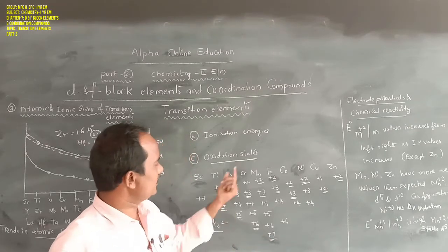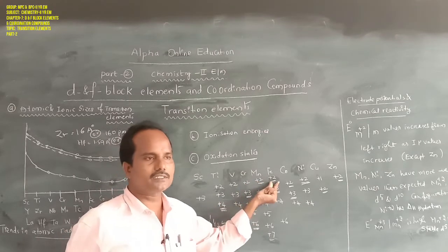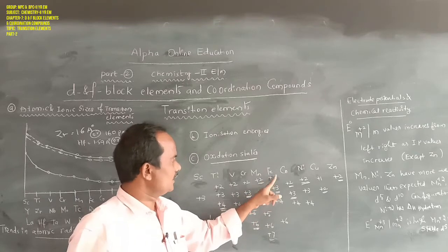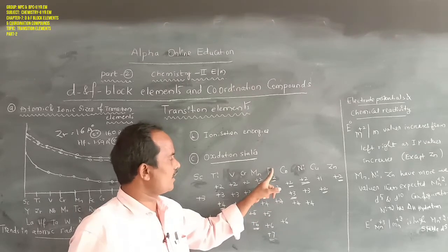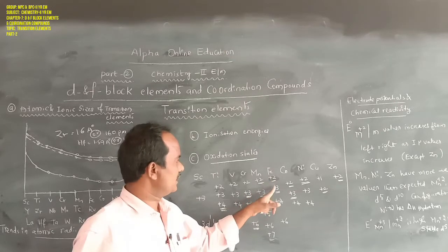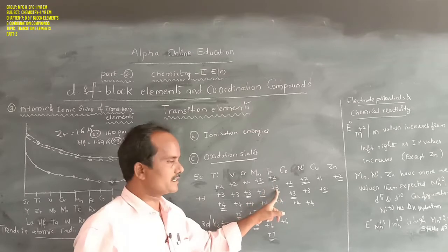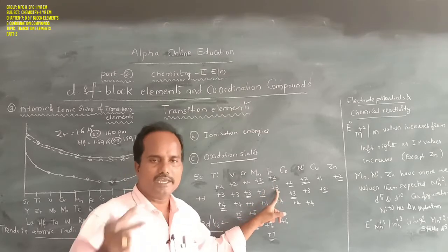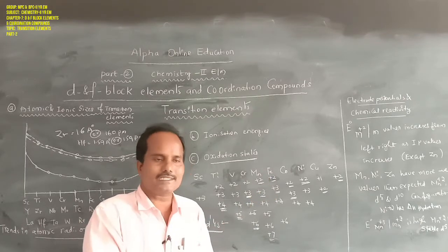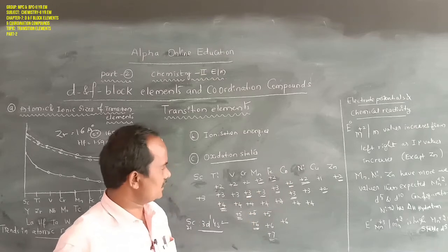In the +2 state, their compounds are considered ionic compounds. Suppose Fe +2 forms ferrous hydroxide, an ionic compound. In the +3 state, higher oxidation states, they can be considered covalent compounds. Ionic compounds are common in lower oxidation states, covalent compounds are common in higher oxidation states.